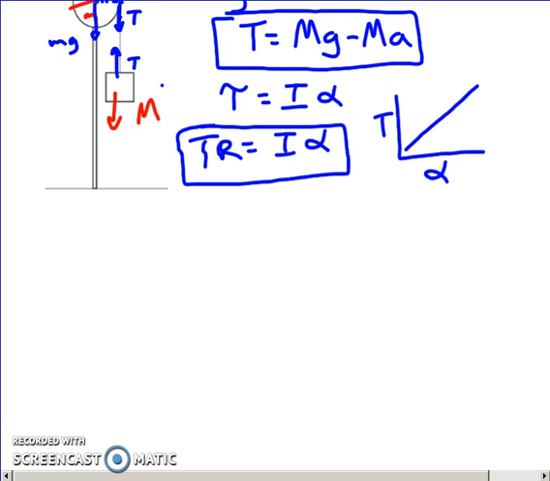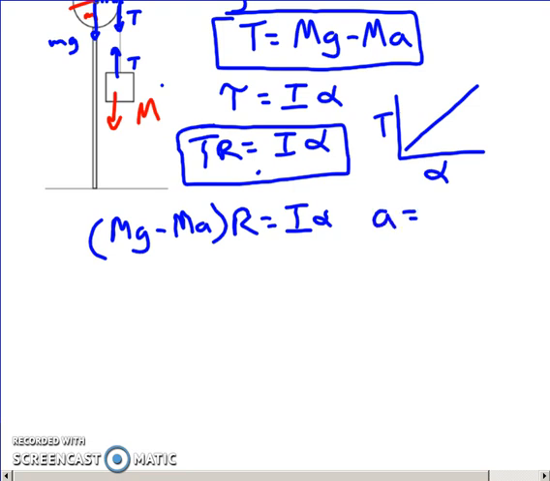Okay, so I'm going to substitute in the torque equation. I'm going to take out the T and put in mg minus ma. So I'm going to say (mg minus ma) times r equals I alpha. And then I don't want a and alpha in the same equation, so I'm going to say a is equal to alpha r.